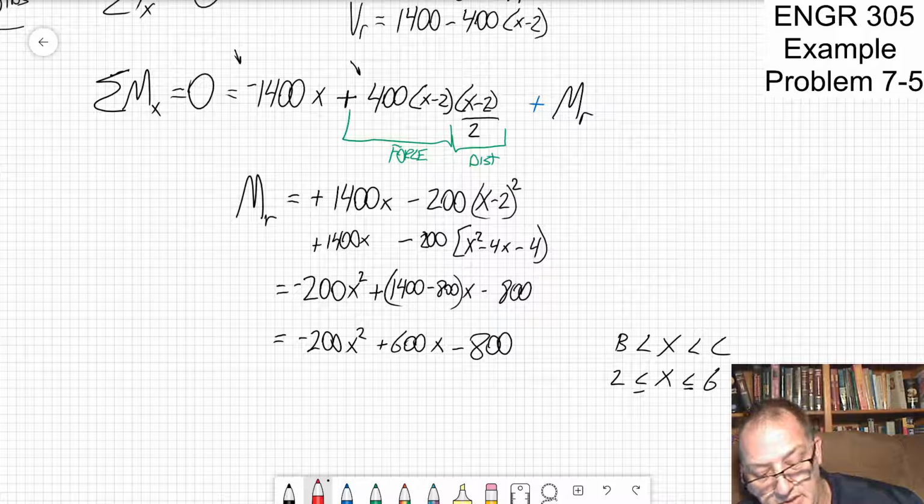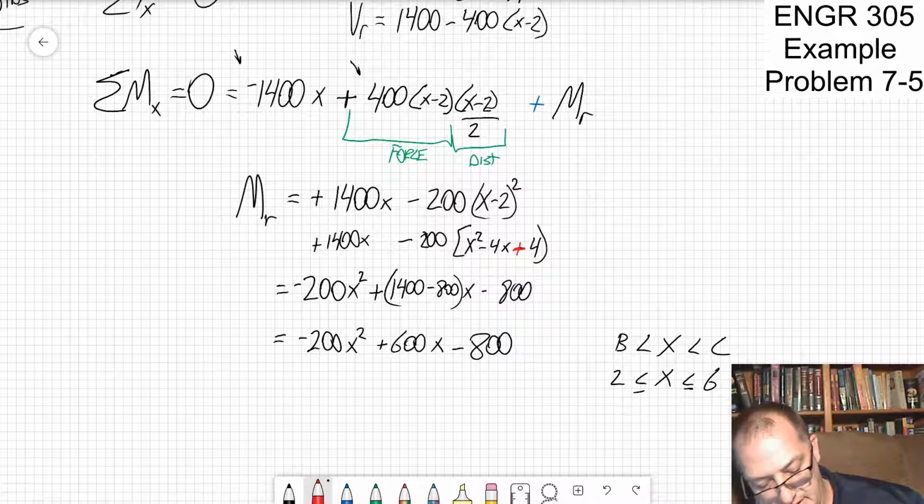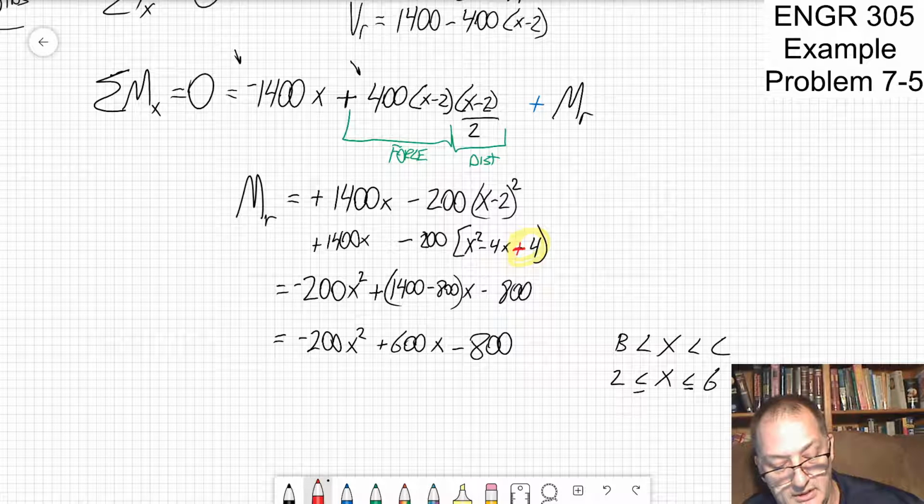The x minus 2 squared is x squared minus 4x, and that becomes a plus. Right there, mistake number 1. All right, then when I go on, that's a positive. That flipped signs, so that's okay. So that's a minus 200x squared.